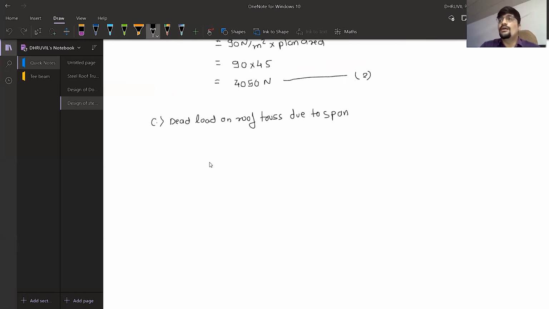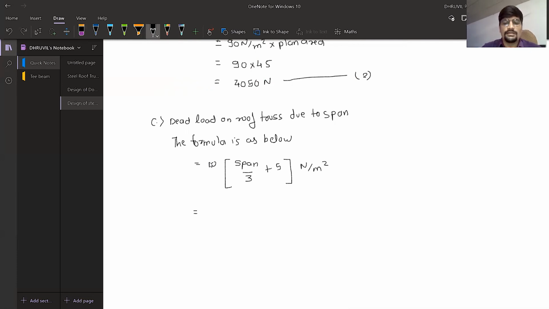The logic is that if the span increases, the number of members used in the roof truss also increases. That's why the dead load will also increase. So the formula is fixed for calculating the dead load on roof truss due to span. The formula is as below: 10 into span by 3 plus 5 Newton per meter square.